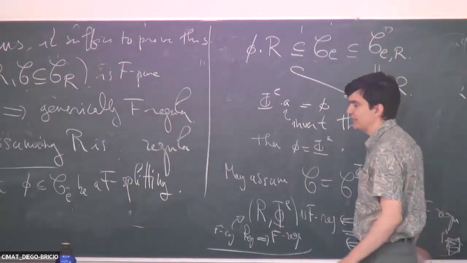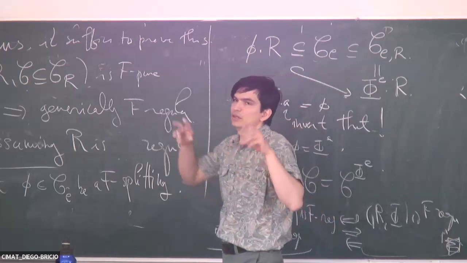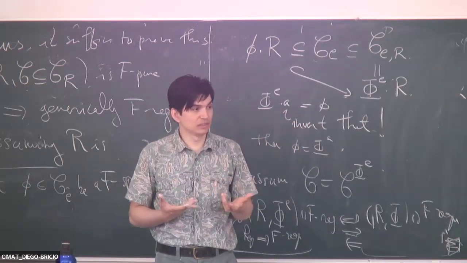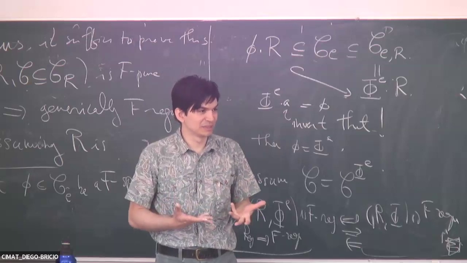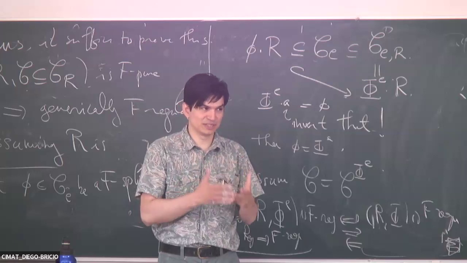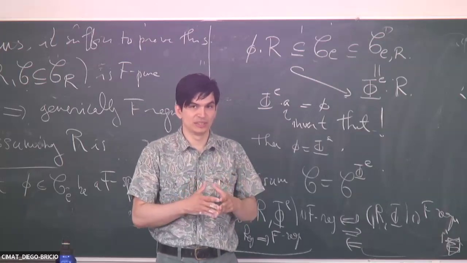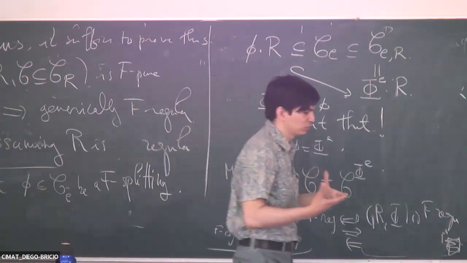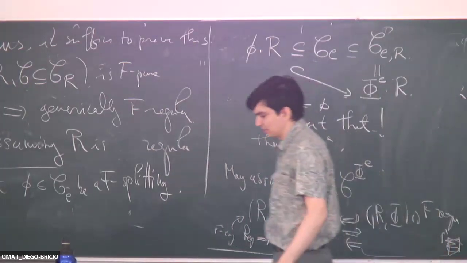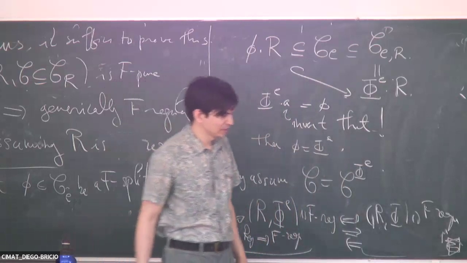Any non-zero element of a test ideal is a test element, but principal test elements are much stronger. We're going to prove that the test ideal is generated by principal test elements. That's an important thing.